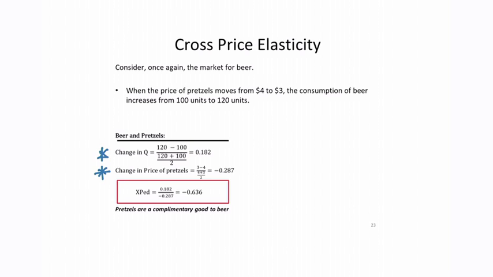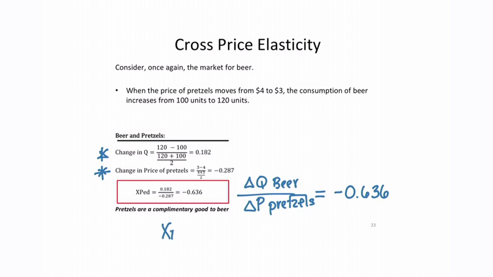Then we take the change in the quantity of beer divided by the change in the price of pretzels, and this gives us a cross-price elasticity of demand of negative 0.636. So what does this tell us?